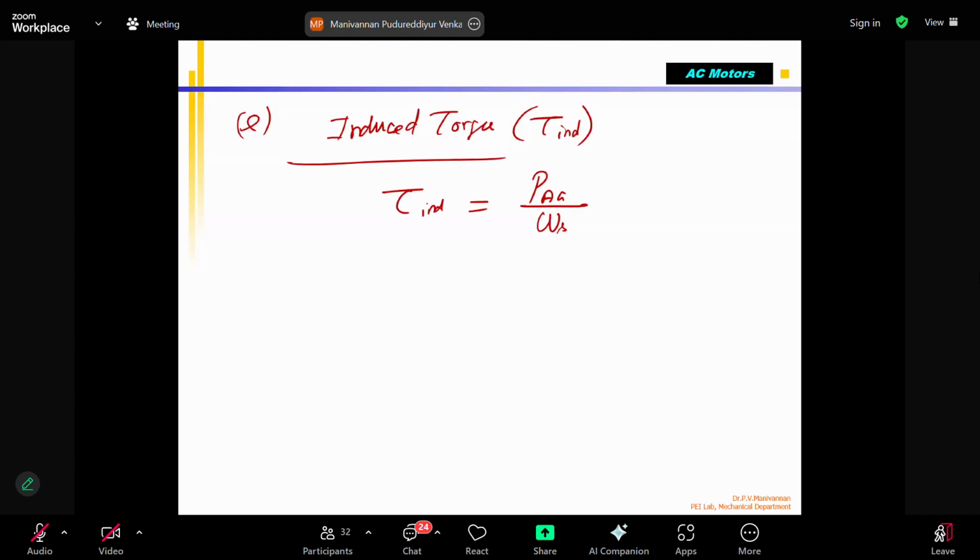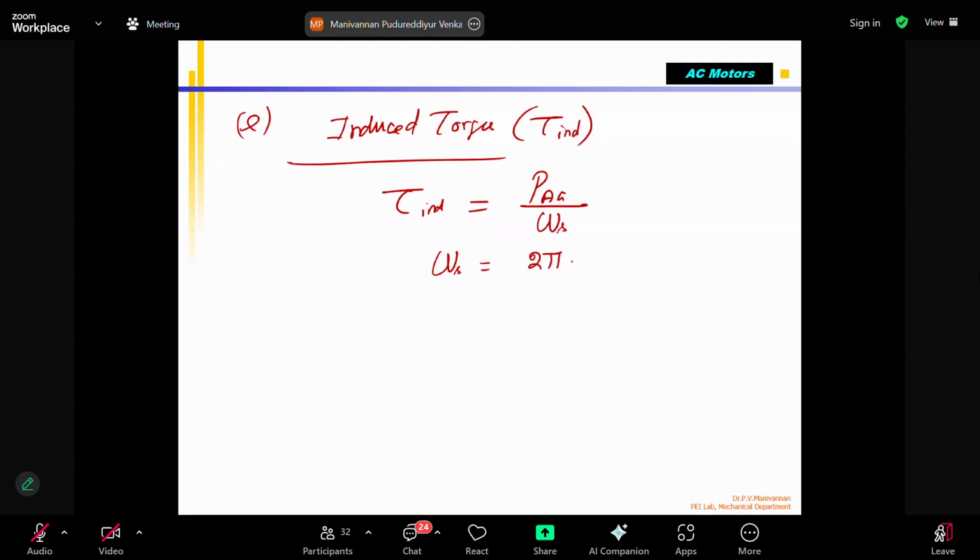You can find out from this. We know that omega in radians is the rotational speed in radians. F is in hertz. Omega in radians you can easily find out. That is, omega S is nothing but RPM times 2 pi.